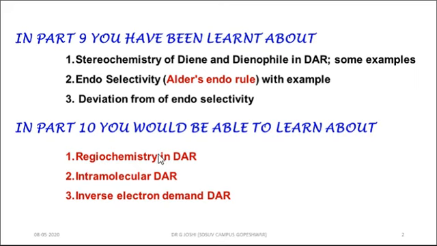In part 10, we would be discussing a different aspect, the regiochemistry of Diels-Alder reaction, to discuss the regioselectivity in formation of product. We'll also discuss the intramolecular Diels-Alder reaction as well as inverse electron demand Diels-Alder reaction in this session.